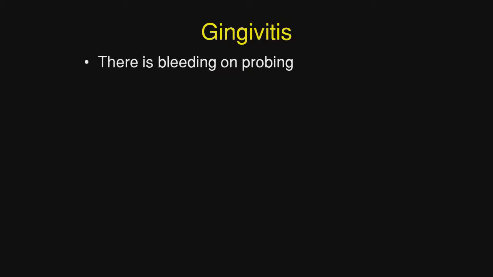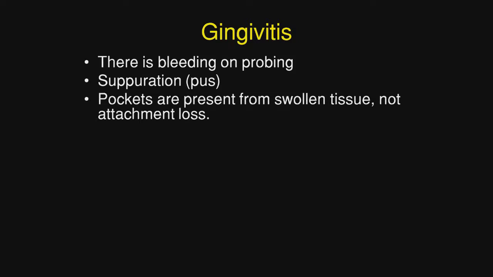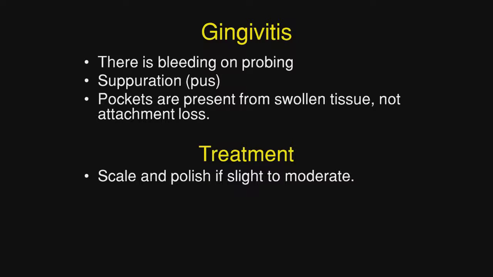Gingivitis. There is bleeding on probing. Suppuration, pus, is present or may be present, not necessarily always. Pockets are present from swollen tissue, not from attachment loss. The treatment is scale and polish if it's slight to moderate.